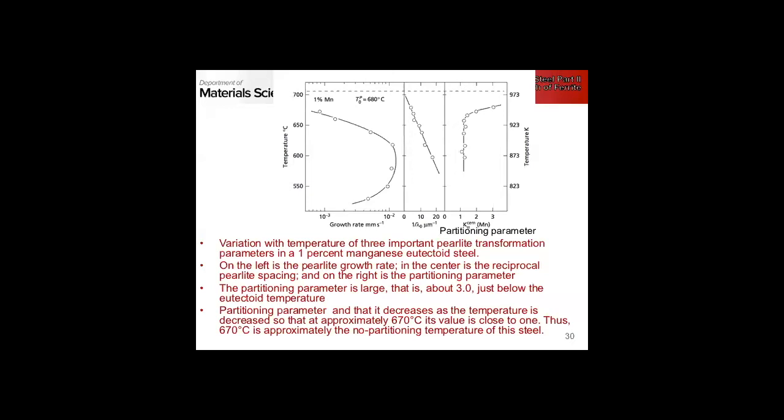Where it's going to come into play is in bainitic structures and martensitic structures, because those have a strong athermal component, where you've got a bainite start and a bainite finish, and a martensite start and a martensite finish. If you don't go all the way down to the martensite finish temperature, you still have a fair amount of retained austenite. And then if you temper that structure, you'll have partitioning.